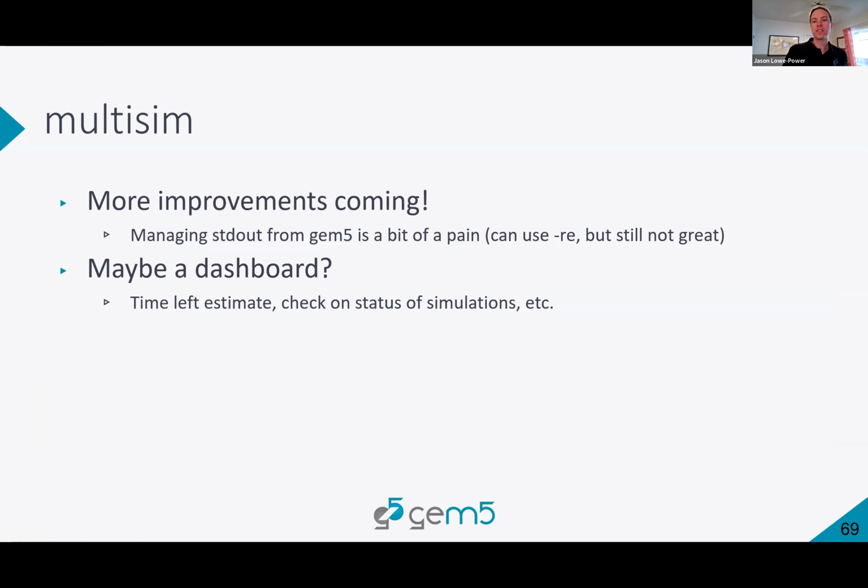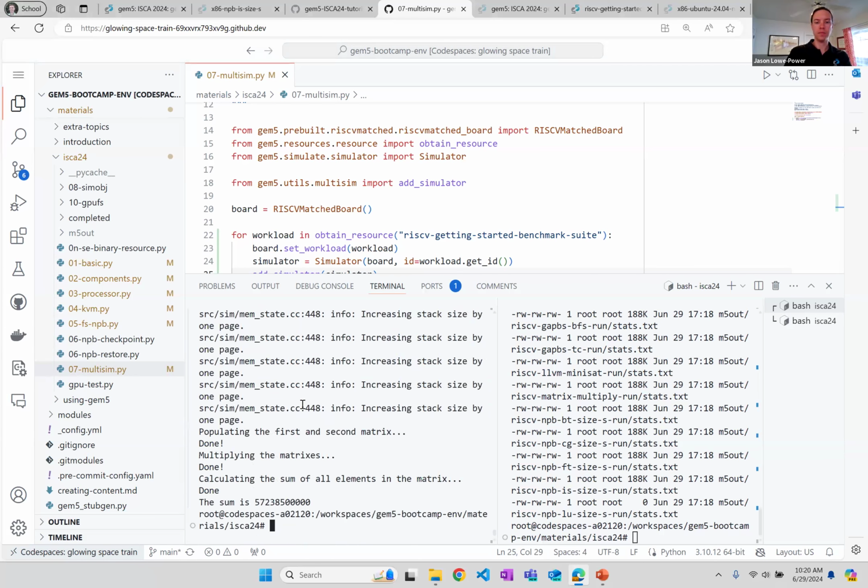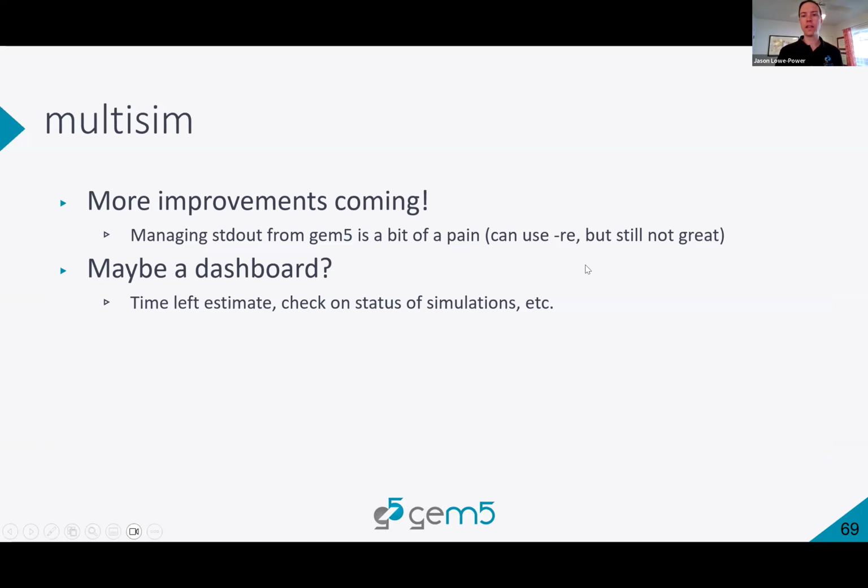So there's a lot of improvements coming. One of the things you might have noticed in my example is the standard out over here is kind of a mess. You can make that a little bit better by using -RE to redirect the standard out and standard error, but that's still not great because Python multiprocessing is kind of weird with the way it deals with standard out and standard error. So we're working on that.